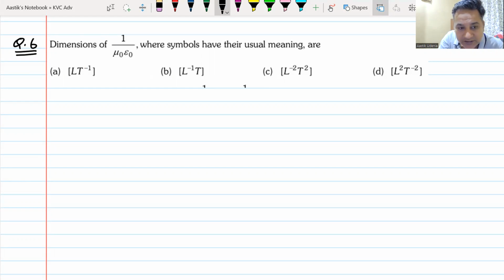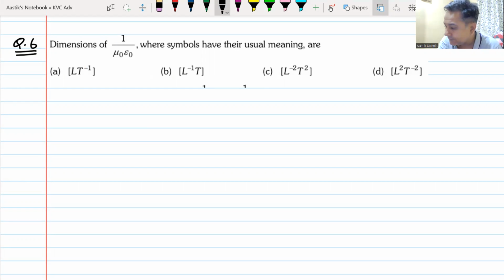You will not get so much time, my dear friends. So all these things must be learned by heart, so that whenever they come in an examination hall, you must be able to find out these dimensions.